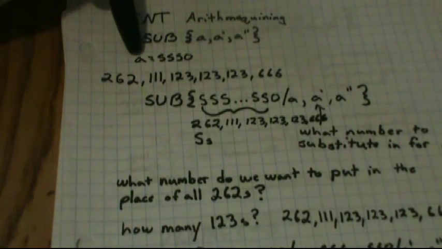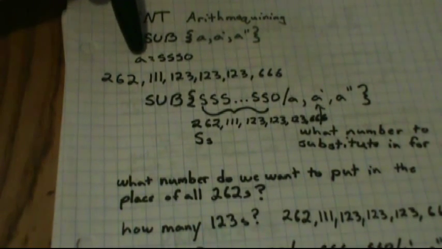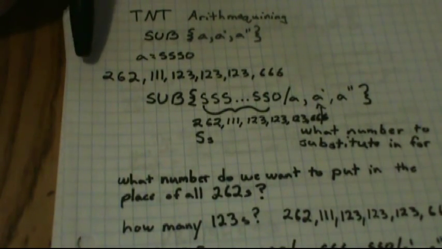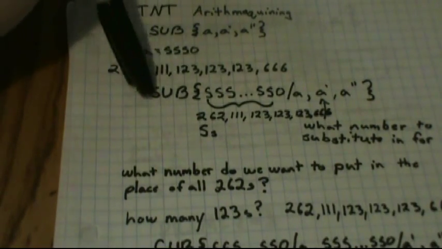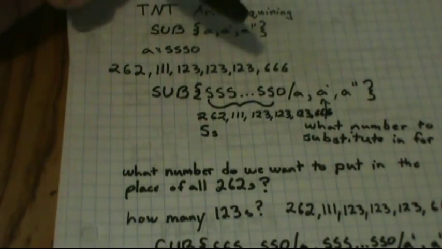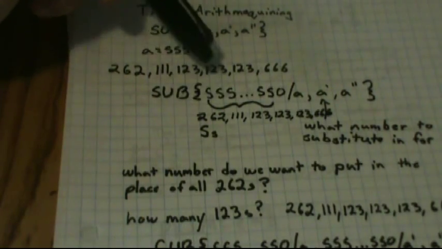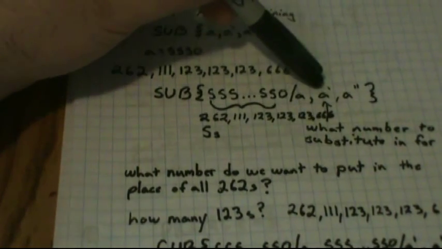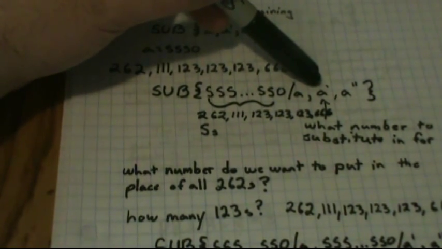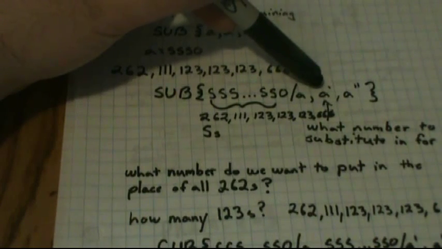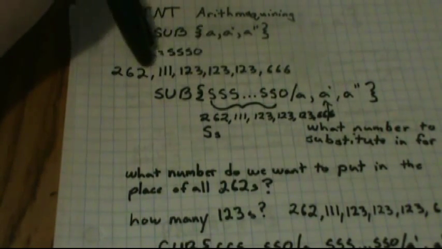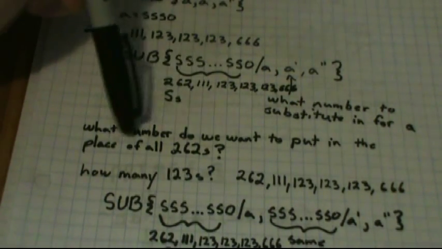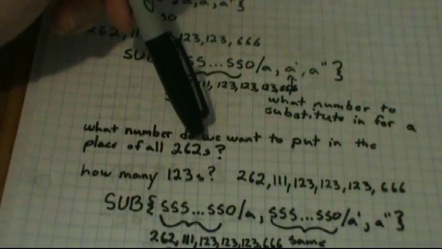Namely, every time this A appears, since A is the same as 262 when we translate it into different symbols, which are numbers, if we plug it into our substitution notation that we were talking about last time, the number we have to use is this many S's. Put that in for A. And then what was A prime? Well, that is what number we want to substitute in for the A's here. What we're really asking is what number do we want to put in place of all the 262s?